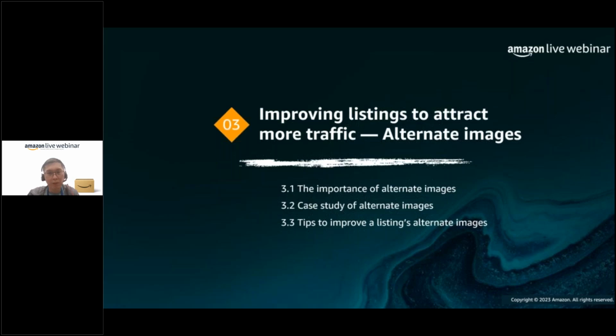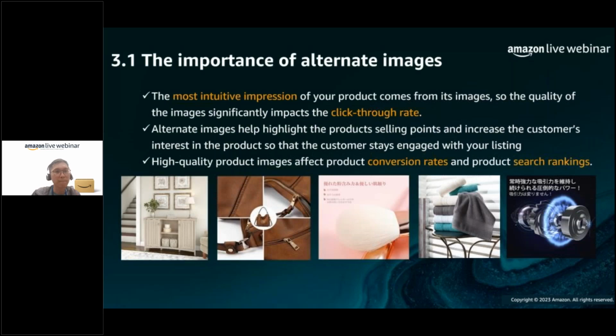All right. So next I will be talking about how to attract more traffic, like I mentioned earlier, by using alternate images. I saw a Q&A question, so this might be related to what the question is about. These are the alternate images that we always see in the listing, and some of these alternate images may not have a white background.